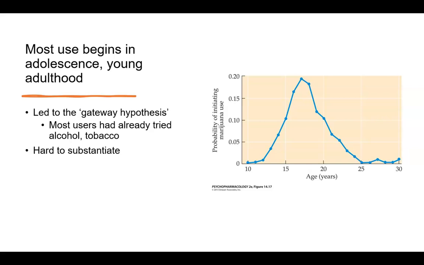Generally, most adolescents that try marijuana have previous experience with things like alcohol or cigarettes, and then they go to marijuana. And then there's this idea that once you do marijuana, you're going to do other things as a result. Now, while that may be true for some people, they try marijuana and they feel like they need harder stuff, it's really hard to actually substantiate whether or not that hypothesis is true.